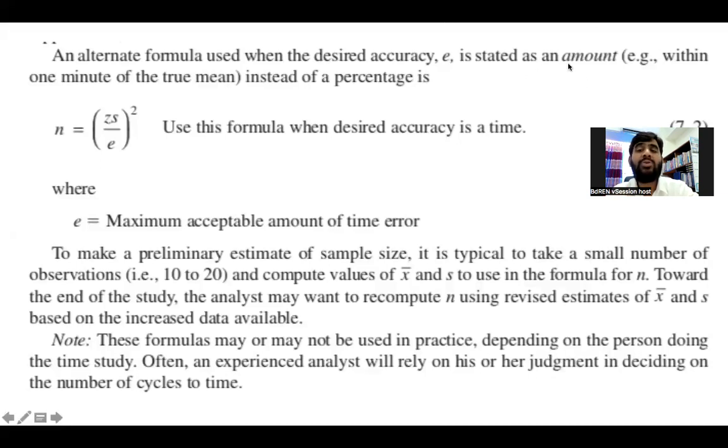When an amount is declared rather than a percentage such as 5% deviation or 6% error, then we'll use this formula to know the number of observations: (Z divided by E) whole square. E is the expected amount of error, 0.5 minutes, 5 minutes error.